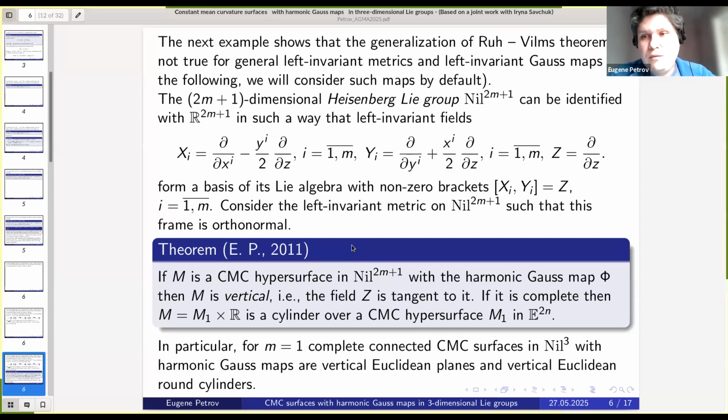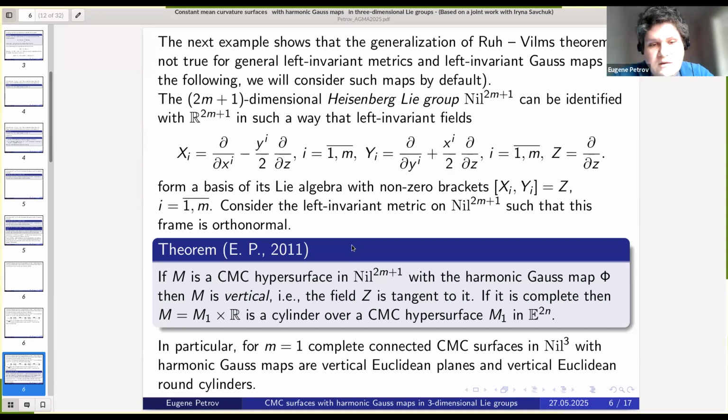So not only do we not have in general the equivalence between these two properties, but when they hold simultaneously, we have very restricted conditions, a relatively narrow class of hypersurfaces.